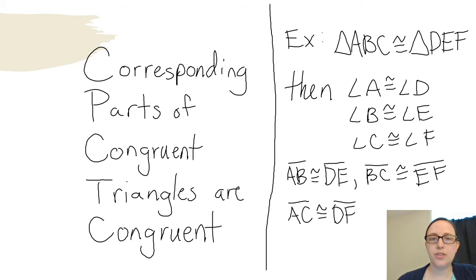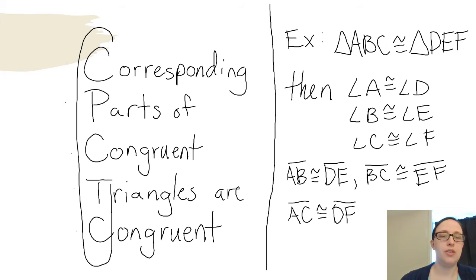So what does CPCTC even mean? CPCTC stands for corresponding parts of congruent triangles are congruent. It's the first letters of that phrase. For example, if we know that triangle ABC is congruent to triangle DEF, then we know that all of their angles and all of their sides are congruent.